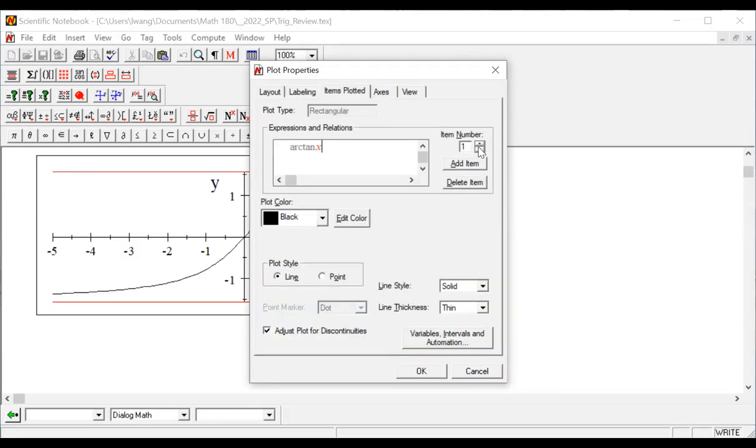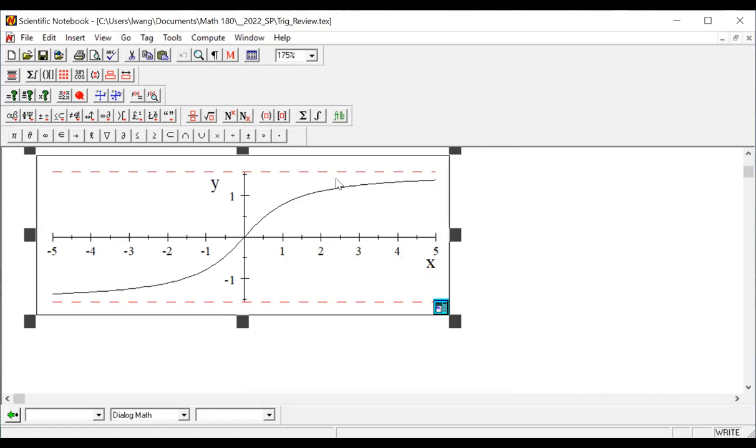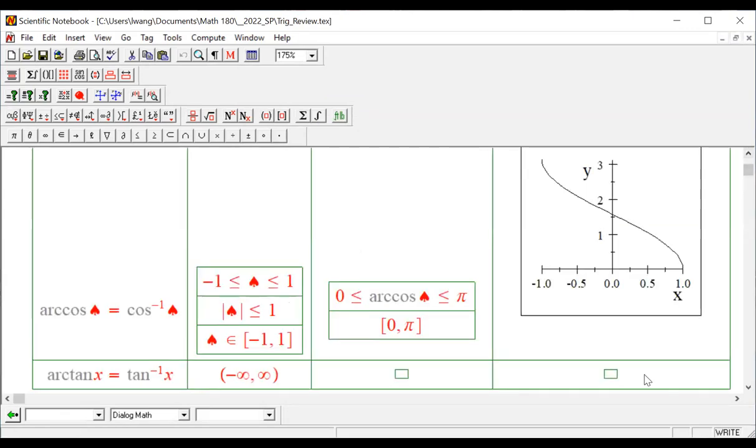I should make them broken lines. There, you see the picture tells us a thousand words.